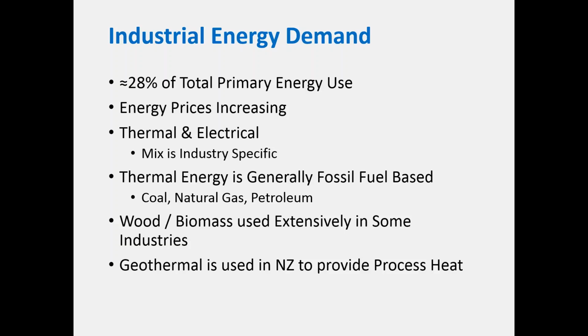Depending on the industry, the mix between thermal energy and electrical energy does vary. Obviously, if you're into aluminium smelting, you have a lot higher electrical demand, but typically the rule of thumb for most general processing industries is that about 2/3 of your energy is thermal and about a third is electrical.